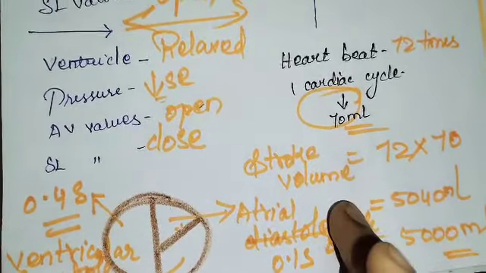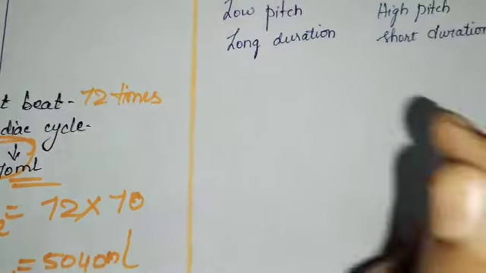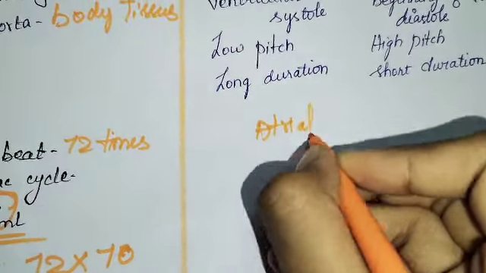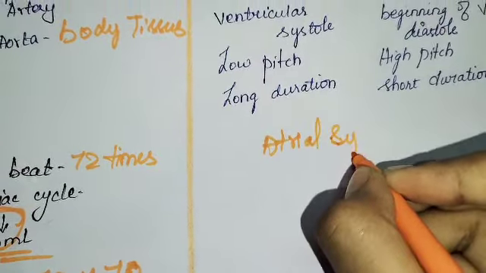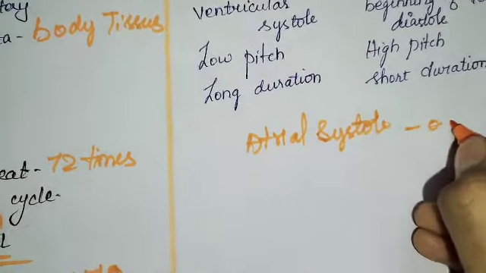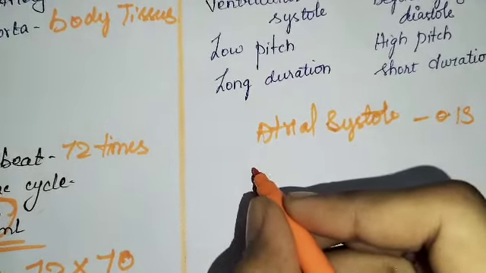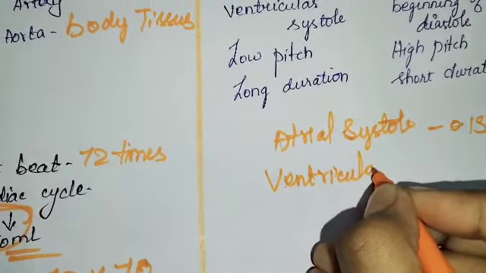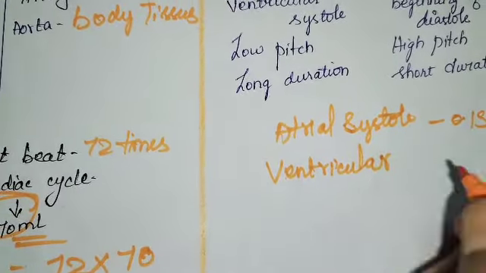Children, please note this. So I will write it separately. Joint atrial systole takes 0.1 seconds and ventricular systole takes 0.3 seconds. I am writing the joint condition, keep that in mind.